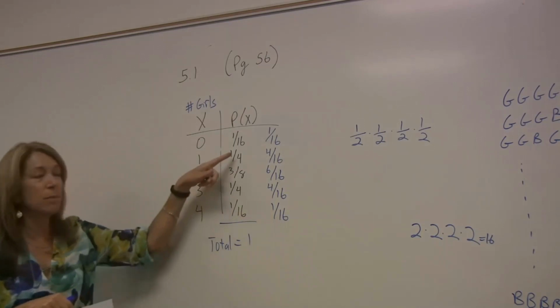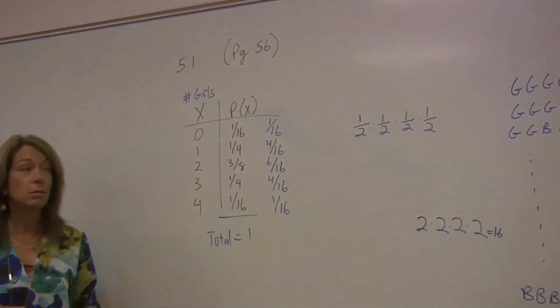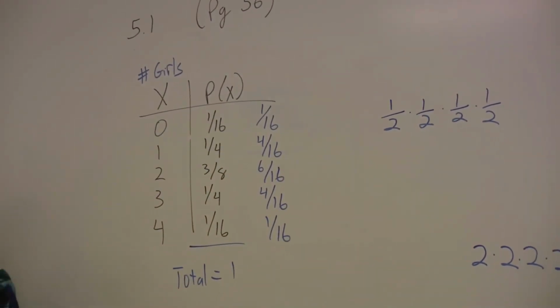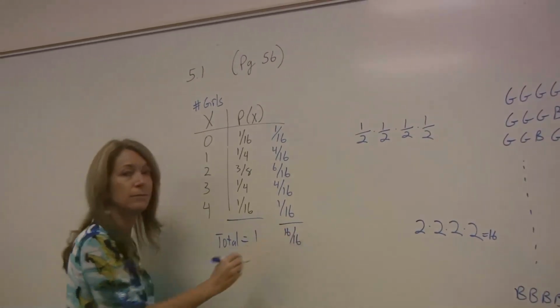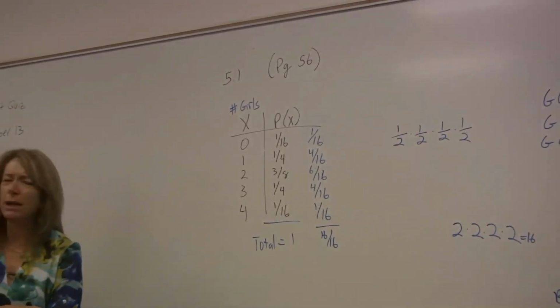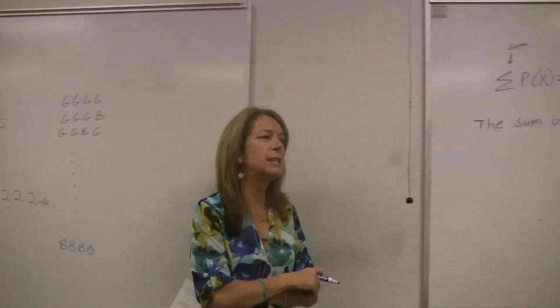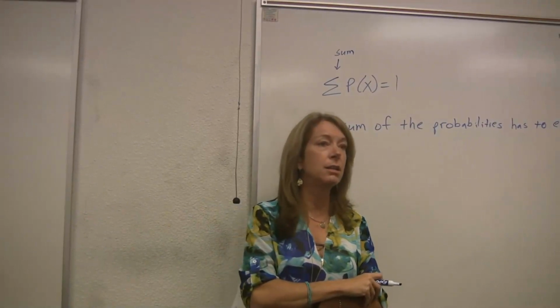If I multiply this one by 4 over 4, this one by 2 over 2. What do those all add up to? Please tell me it's 16, right? 16 over 16? Which equals 1. If it didn't equal 1, imagine if I said, hey, there's a 20% chance it's going to rain today, and a 50% chance it won't rain today.